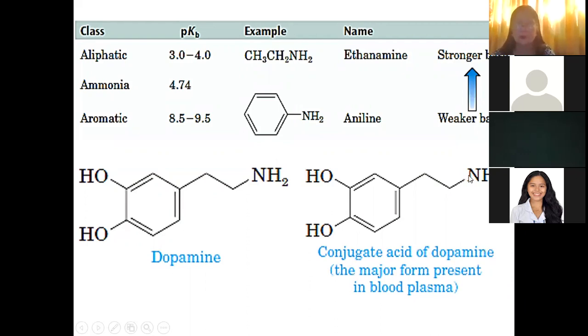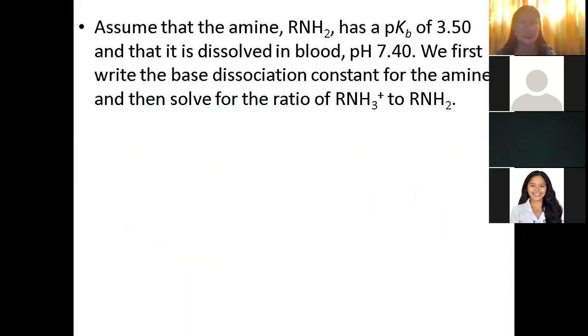So this is a strong base, followed by this. This is a weak base, the aliphatic one. Okay, so here it is. The amine has a basicity of 3.5, and that is dissolved in blood at a pH of 7.4.